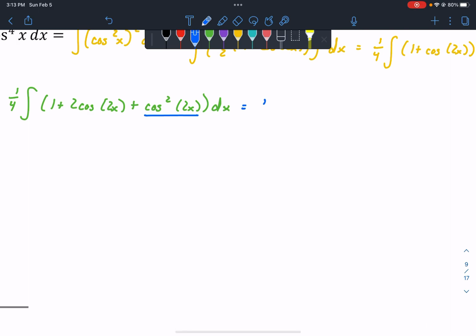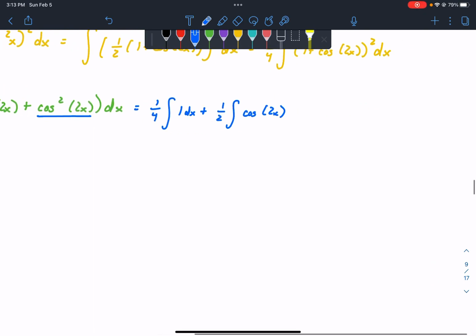So I'm going to do 1/4, and I'm going to go ahead and do the integral of 1 dx plus, let me factor out this 2 from this guy, so then I'm going to have 1/2 the integral of cosine of 2x dx.